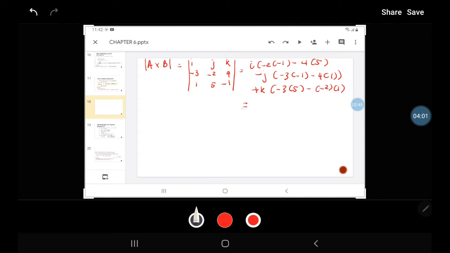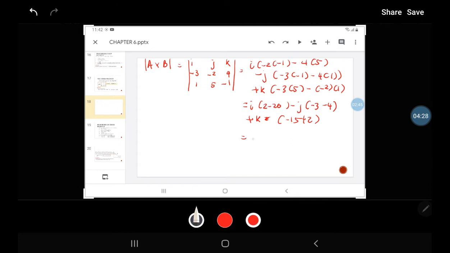So the answer should be, for I, it is 2 minus 20. For J, minus J first, don't forget, it is minus J, like determinant. Negative 3 times 4, and plus K is negative 15 times 2.